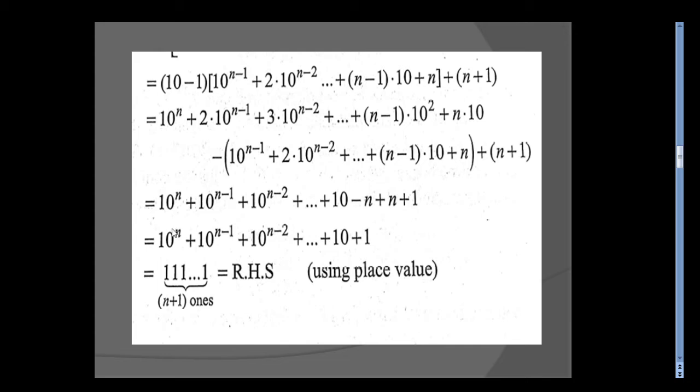We have to see the highest power of 10. Here we have n, that means there will be n plus 1 digits in the number. So we will get n plus 1 ones. So this is the RHS. By taking the LHS, we have proved the RHS part.